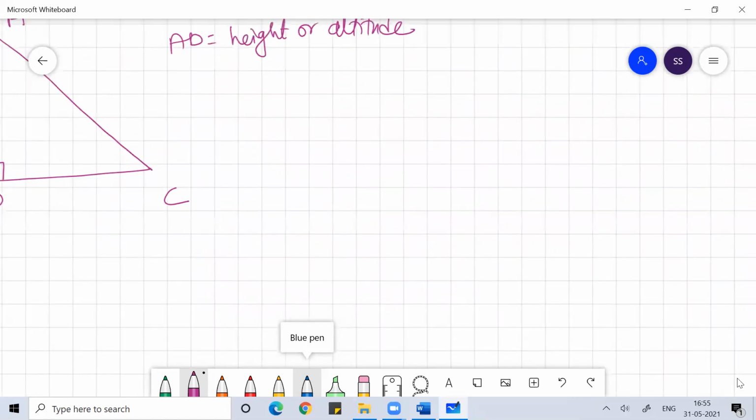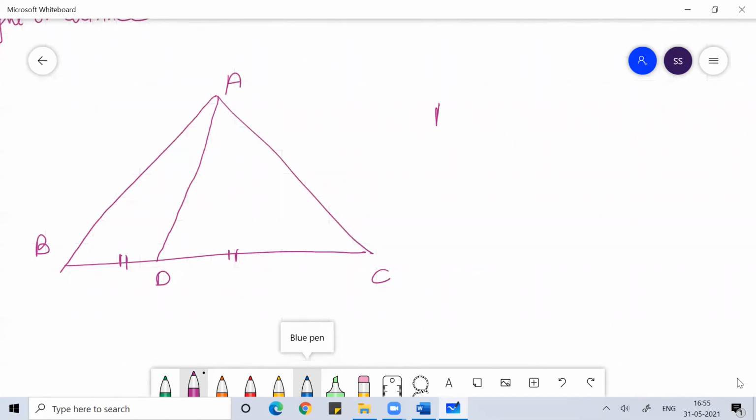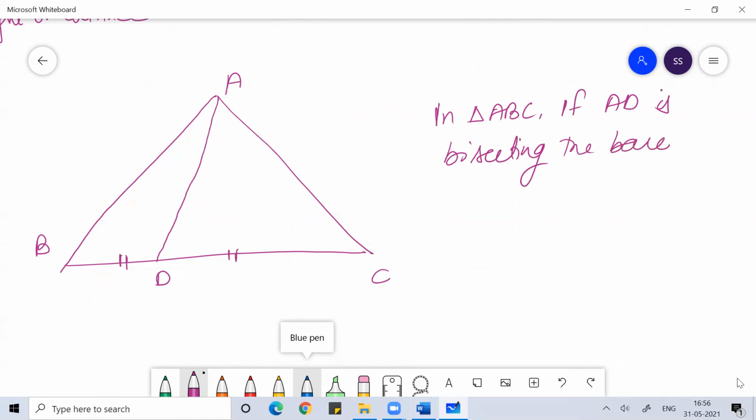While if there's a triangle ABC and you draw a line AD such that this line bisects the base, that is BD equal to CD, then AD is called the median. You understood this, right? So we'll call this AD a median.